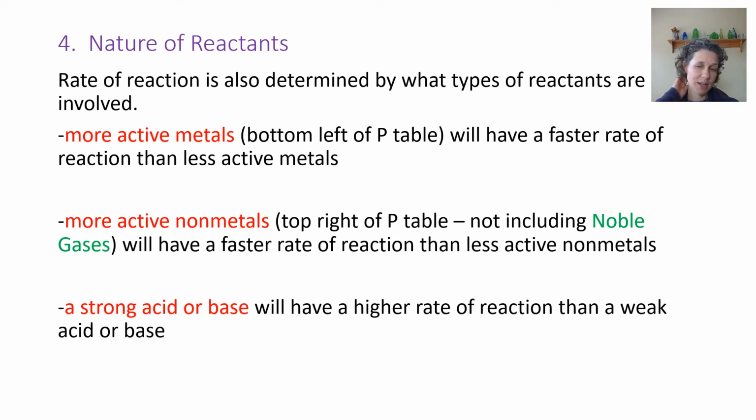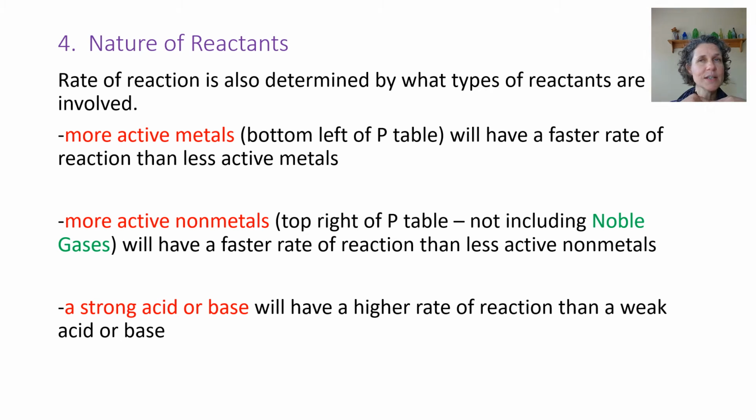Okay, so now the last thing that affects the rate of reaction, or at least our four things, is the nature of reactants. It depends on the things that are reacting. We've got three main classes. The most active metals will react faster, so the bottom left of the periodic table, so remember Big Frank. The most active nonmetals, excluding the noble gases, because remember they're snobby and they don't want to react, so Pretty Flow is the most active nonmetal.